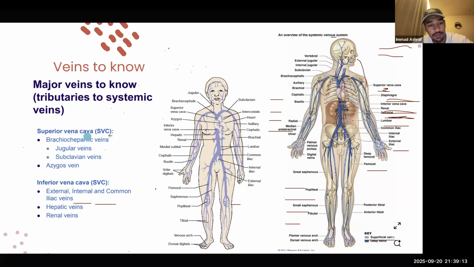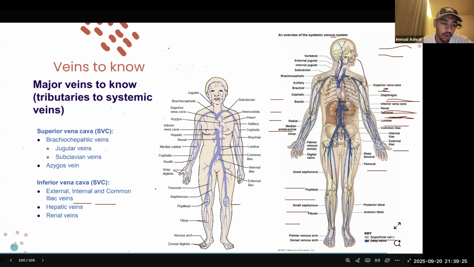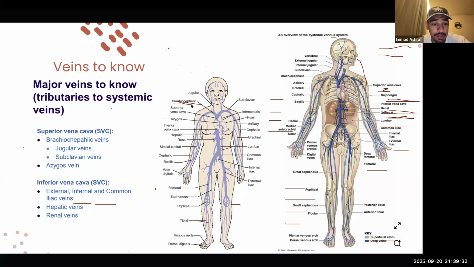The first one is the superior vena cava. This drains all of the blood from the upper limbs and the upper part of the body and sends it to the right atrium. So you have the brachiocephalic vein. The brachiocephalic vein is this one over here. And the brachiocephalic is made up of two veins, a jugular vein and a subclavian vein.